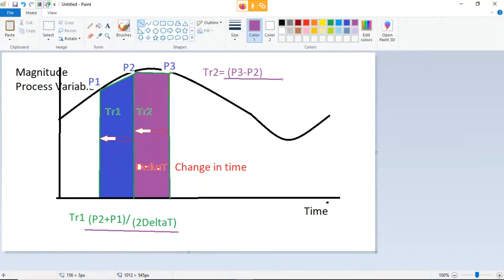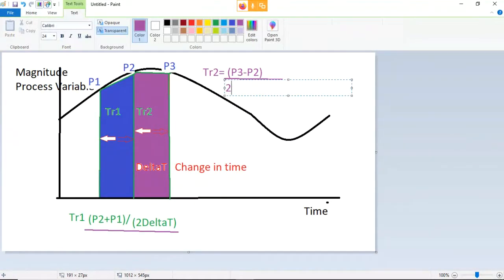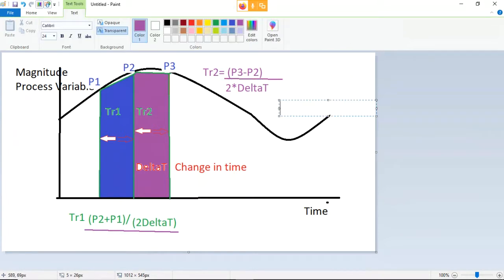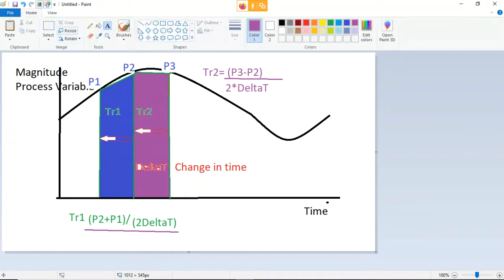So it's divided by 2 times the delta t. Maybe you can see it a little bit better there. These are your areas.